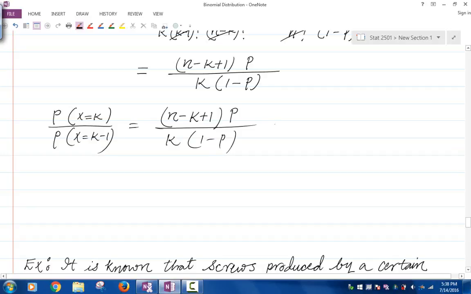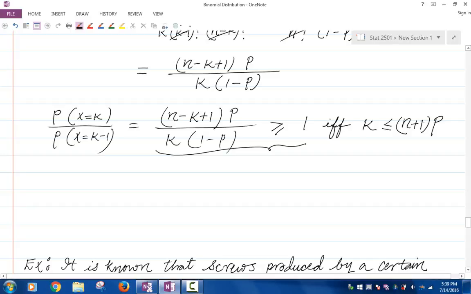Now notice that this ratio will be greater than or equal to 1 if and only if, basically I'm solving this inequality for k, and what I'm going to get is k less than or equal to n plus 1 times p. So go ahead and solve that inequality for k, and you're going to find that k is less than or equal to n plus 1 times p.